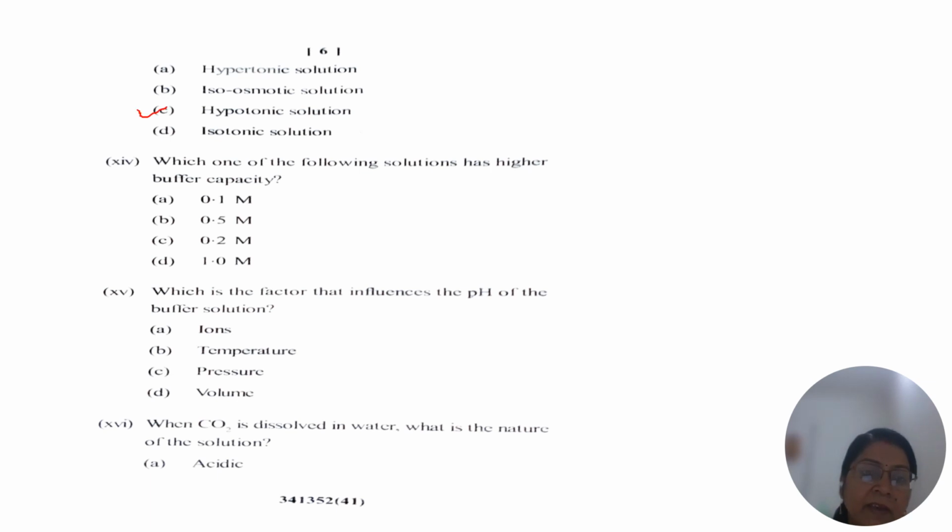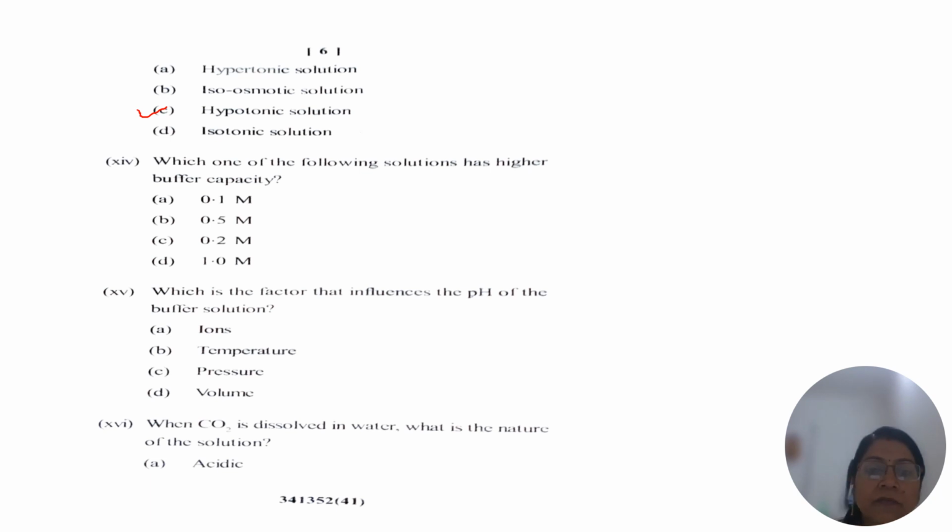Hypotonic means having less tonicity or less concentration than RBC, and because of the osmosis process, the solvent moves from the hypotonic solution to the RBCs, and then the RBC swells and bursts, causing hemolysis. So the answer will be hypotonic solution.